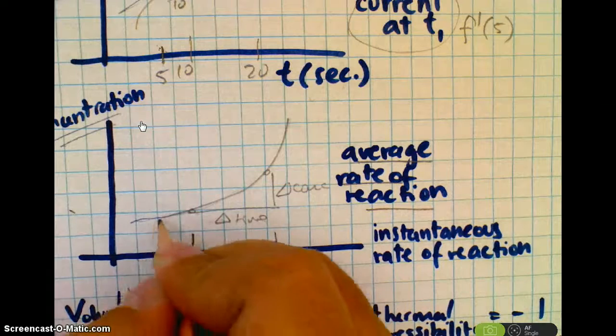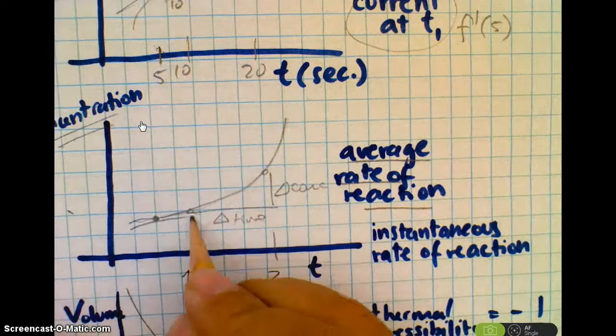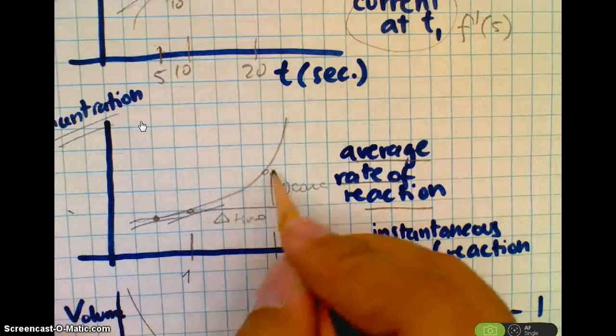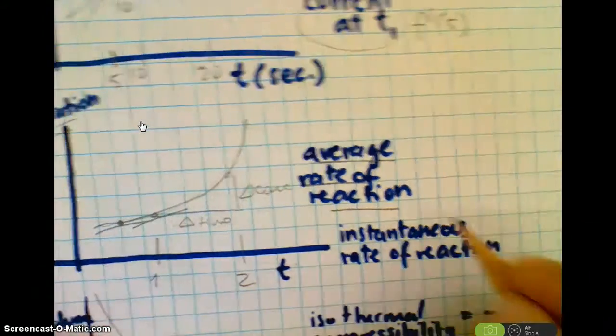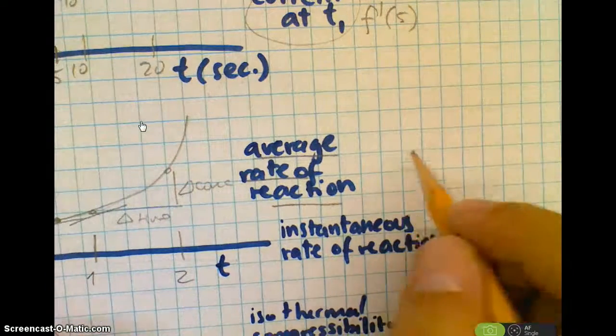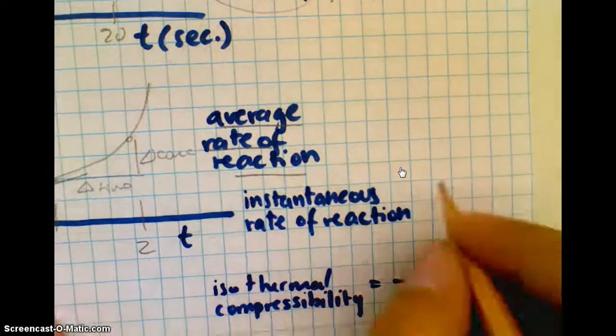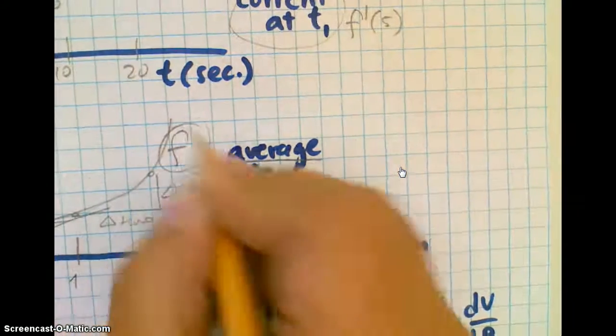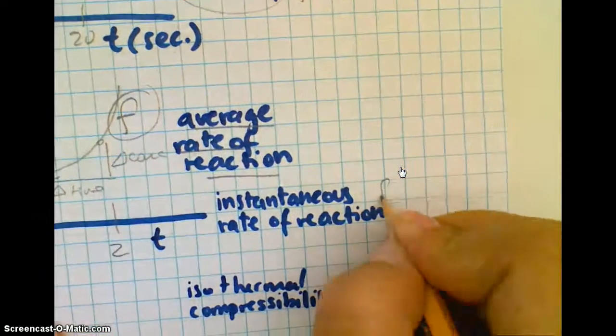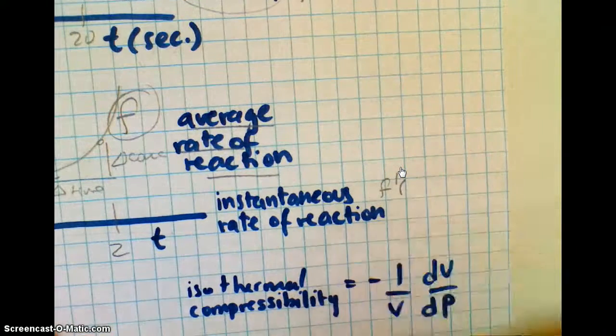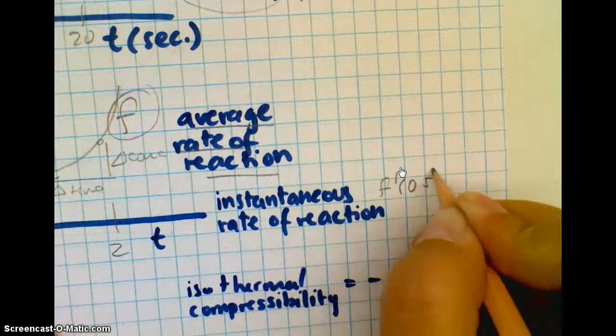So I want to know what happened at the 0.5 second, or at the first second, or at 1.5 second. So rather than doing the difference of the y's over the difference of the x's, I can just take the derivative of this beautiful function that they will give me the equation for, and evaluate it at any value that I can.